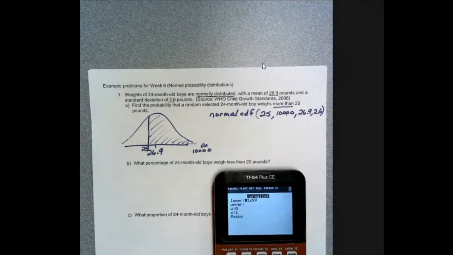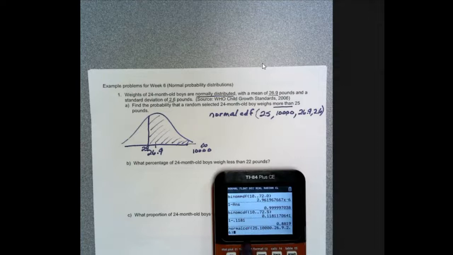I went and got the normal CDF on my calculator, so I'm just going to fill this in. And if you didn't get that screen on your calculator, then you would have gotten where it says normal CDF, and then you just fill the values in and put commas between them.